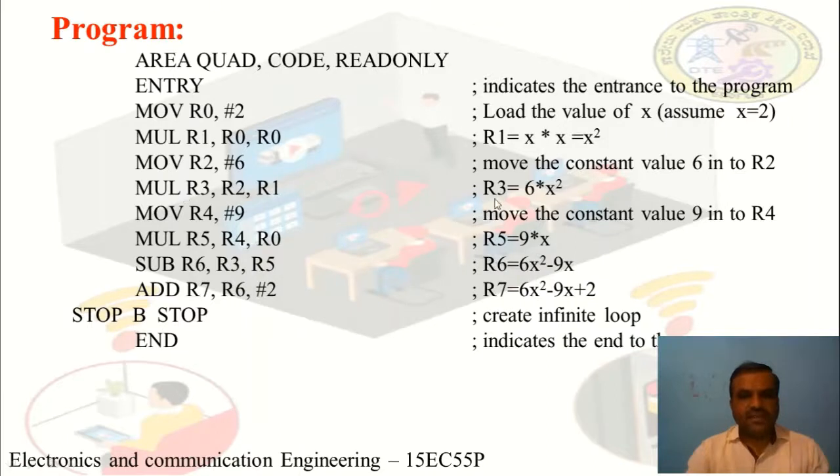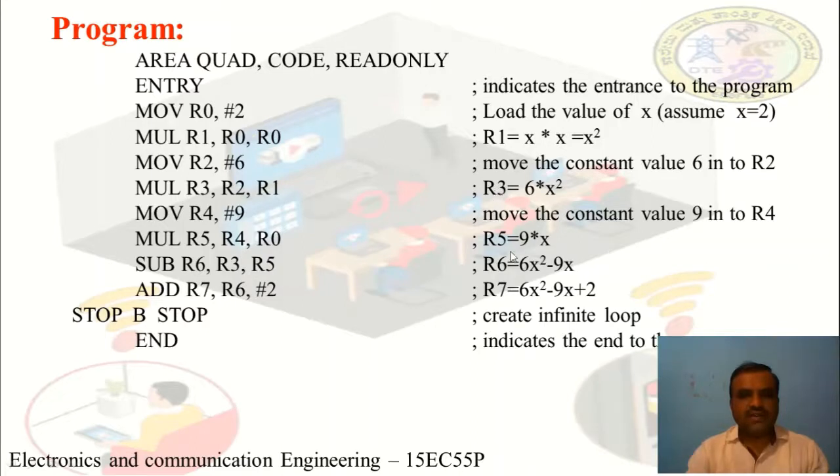6x square is present in R3, 9x is present in R5. So next we have to calculate 6x square minus 9x. To calculate this one we have to subtract 9x from 6x square. 9x is present in R5, 6x square is present in R3.